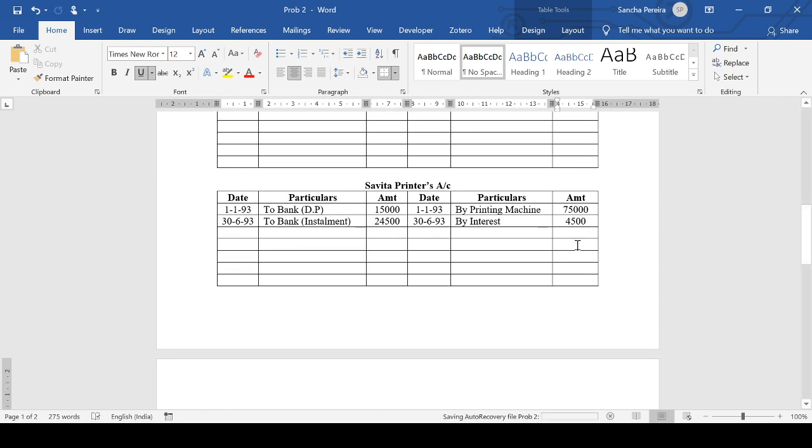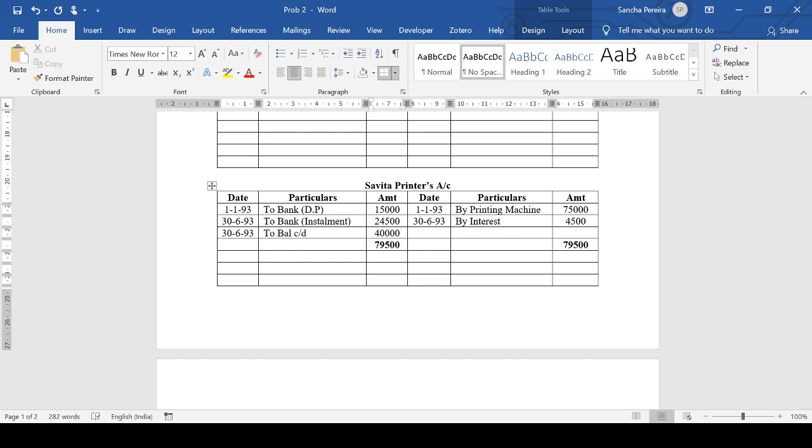We're going to have 79,500 here, and here also 79,500. So our balance carried down on 30th June 93 is going to be 79,500 minus 15,000 and 24,500, which gives me 40,000.